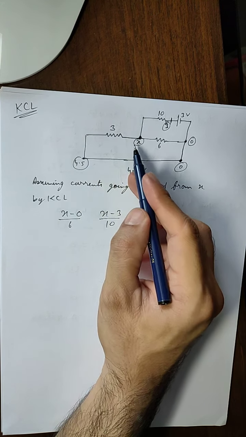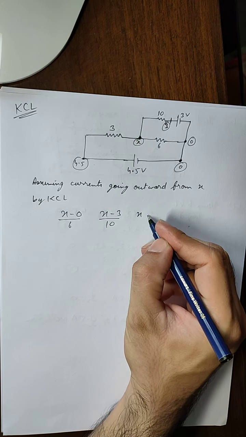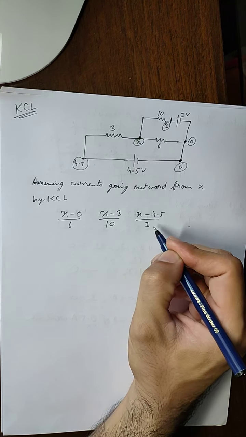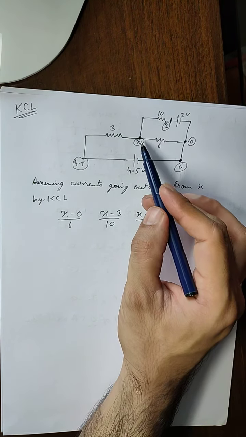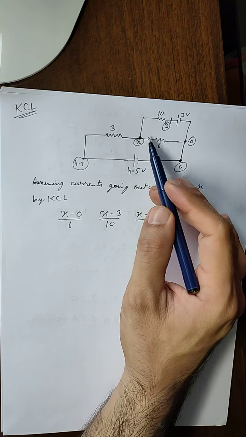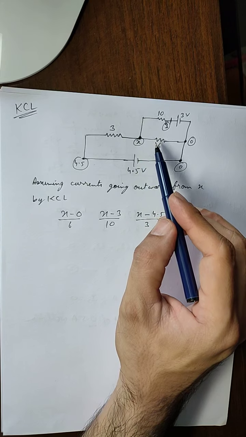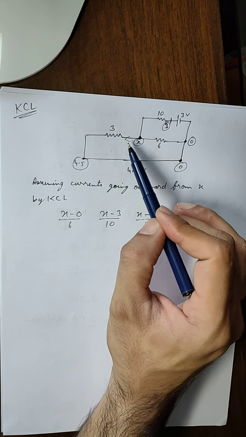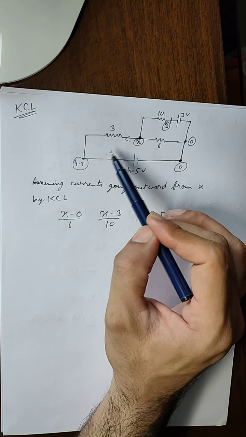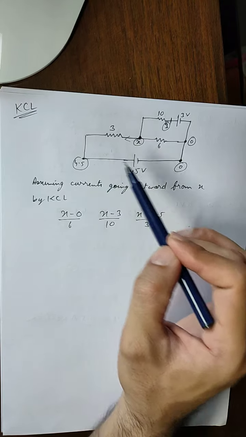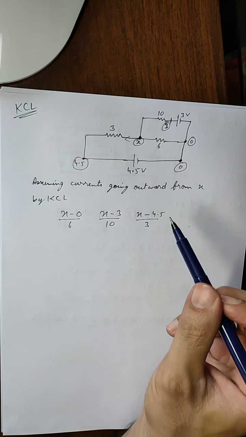In this branch, again the potential is x minus 4.5 divided by the resistor 3. Remember, we are assuming that the currents are going outwards. So if they are going outwards, that means in the direction of current the potential will decrease. So here also, since the current is moving in this direction according to our assumption, 4.5 will be lesser than x, so the potential difference will be x minus 4.5 that we have taken here.